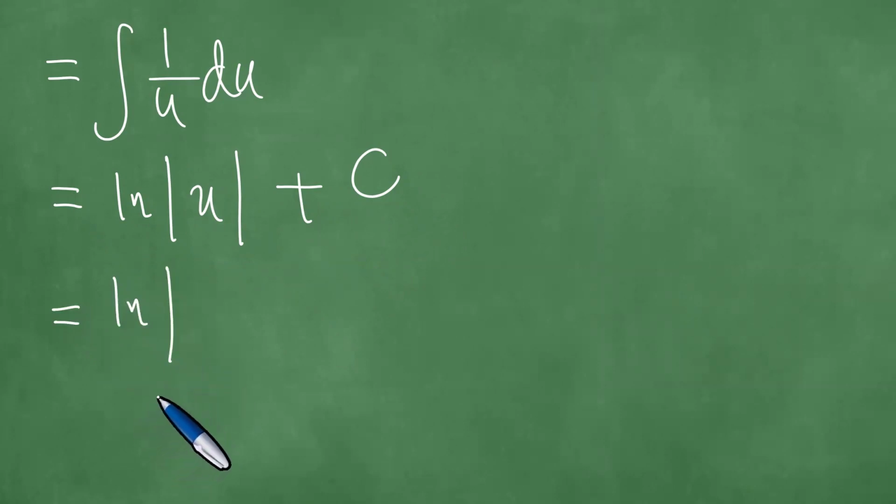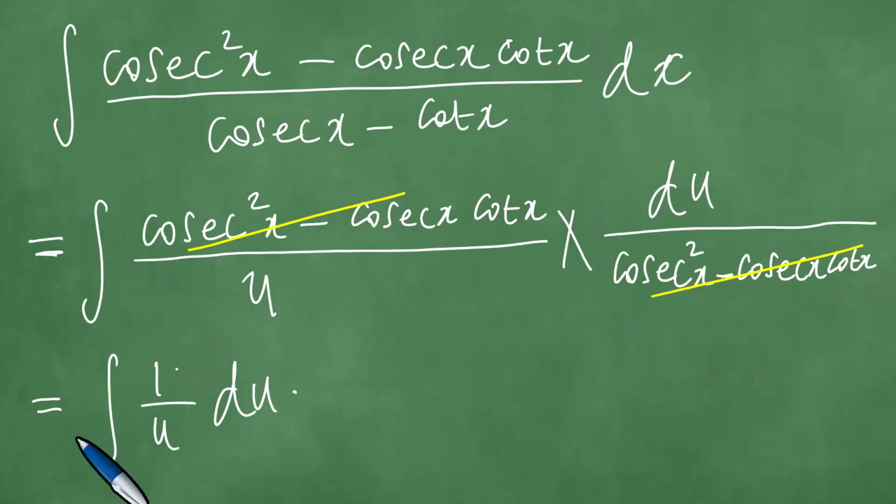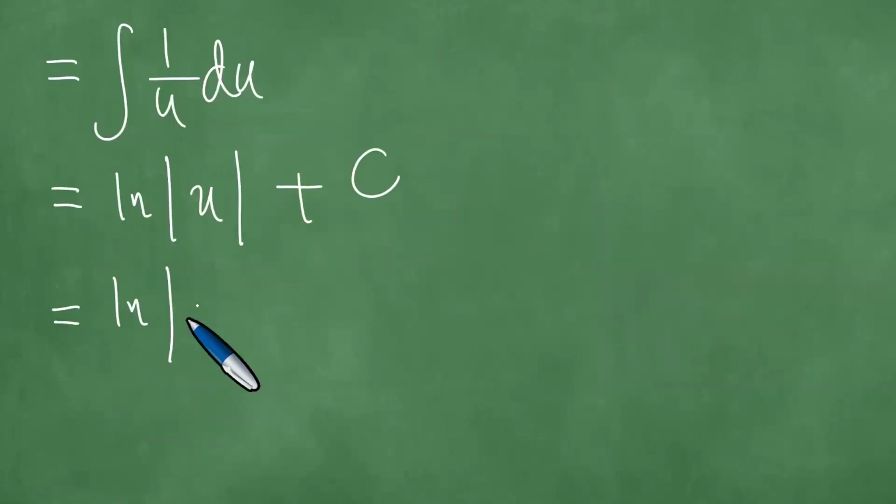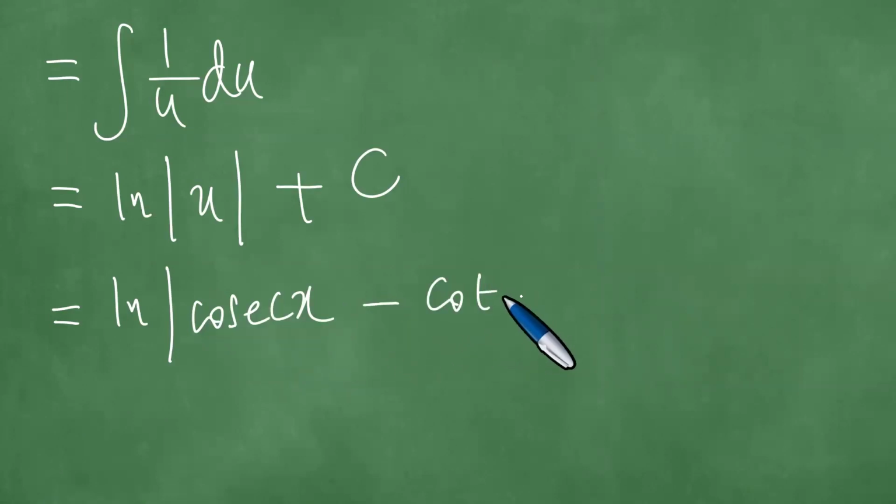We remember that u was cosecant of x minus the cotangent of x. So we write here the natural log of the modulus of cosecant of x minus the cotangent of x, plus c.